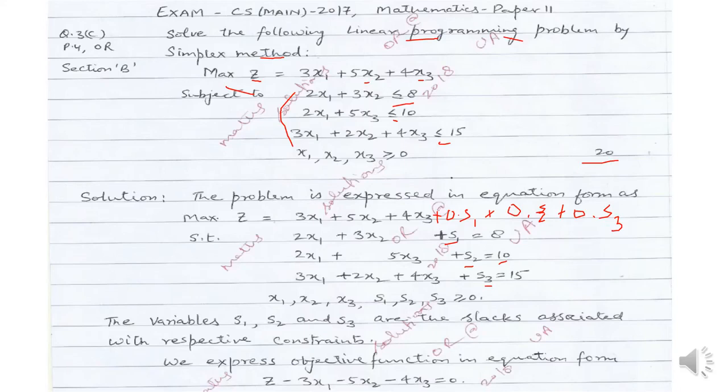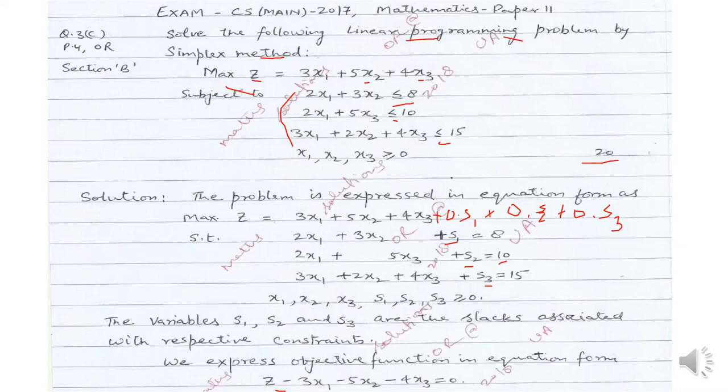Now we can write the objective function by taking all the terms on the right hand side towards the left hand side. So z minus 3x1 minus 5x2 minus 4x3 is equal to 0.